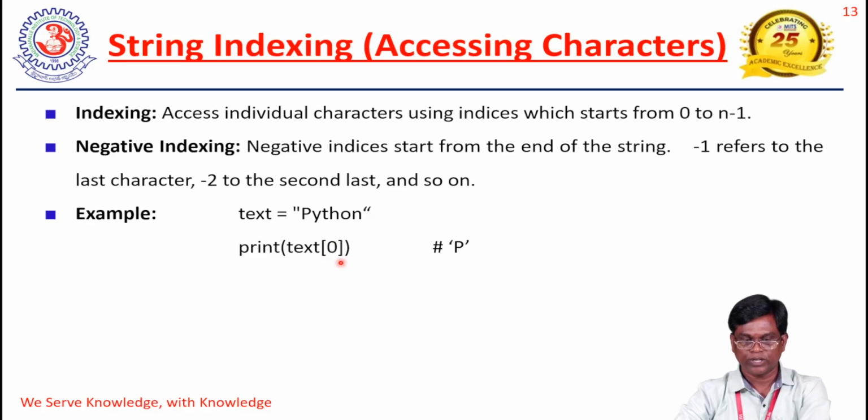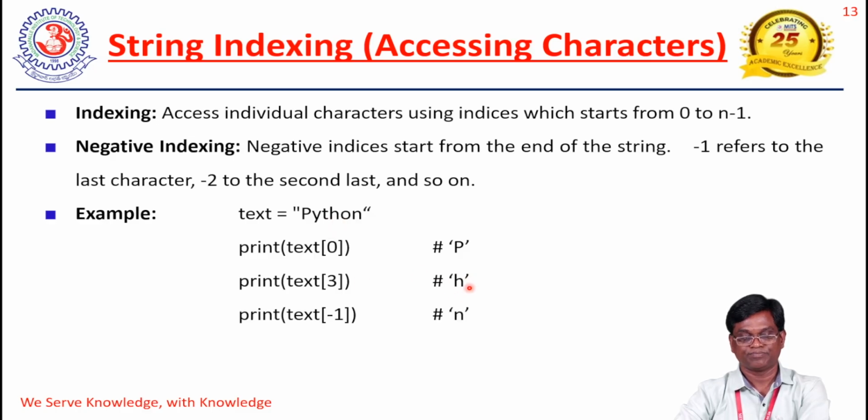So the first character, P, will be displayed here. Next text of 3 accesses the character at index 3. It starts with P as 0, y is 1, t is 2, h is 3. So it is going to display the h character from the string text.